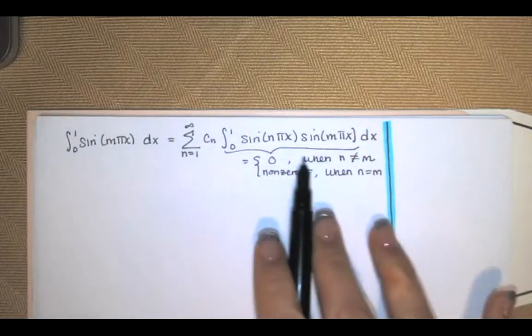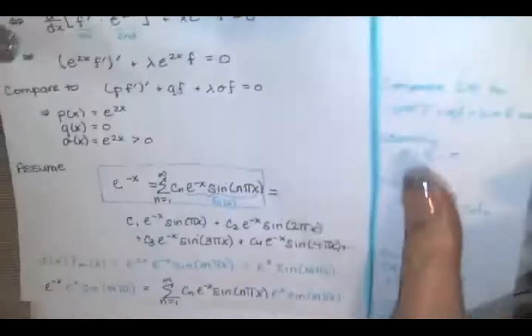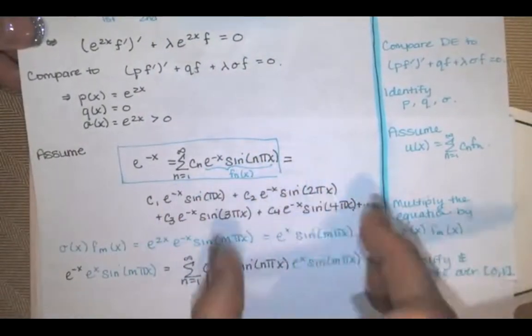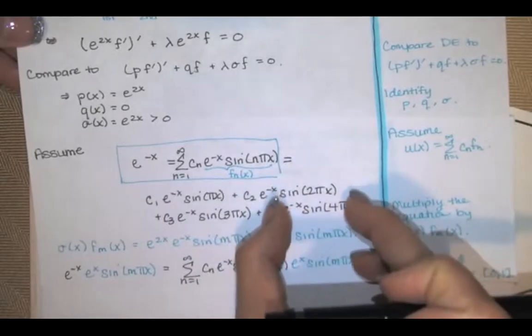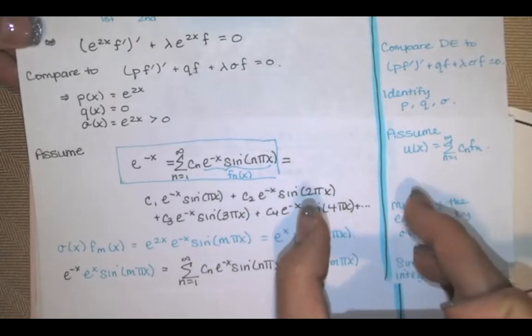Since this is 0 almost all of the time, again, you can imagine multiplying each of these terms by e to the x sine of m pi x, and then seeing sine of 2 pi x times sine of m pi x.